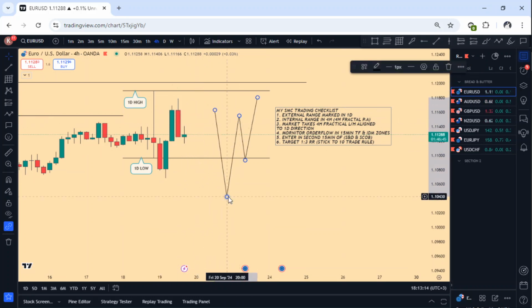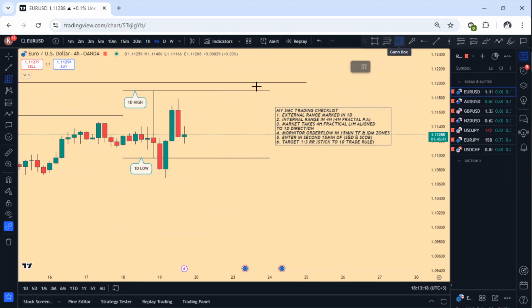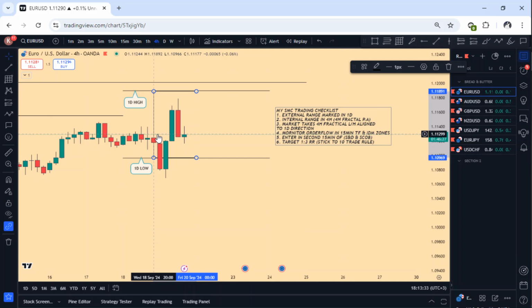So this is how the price moved. Overnight, what did we see? This was the external range high of 4 hours, and this is the low. Actually, this was the low. This is the low that broke structure here and pushed it above.